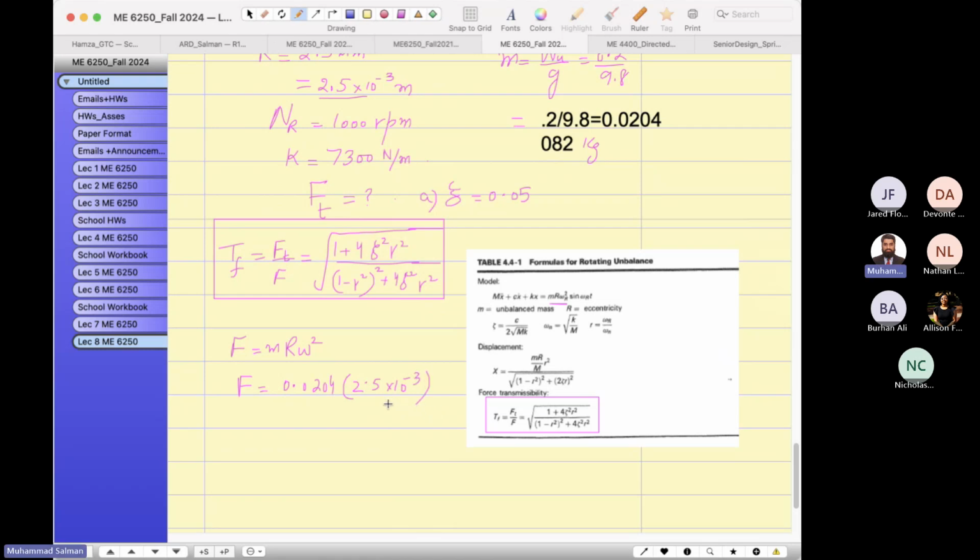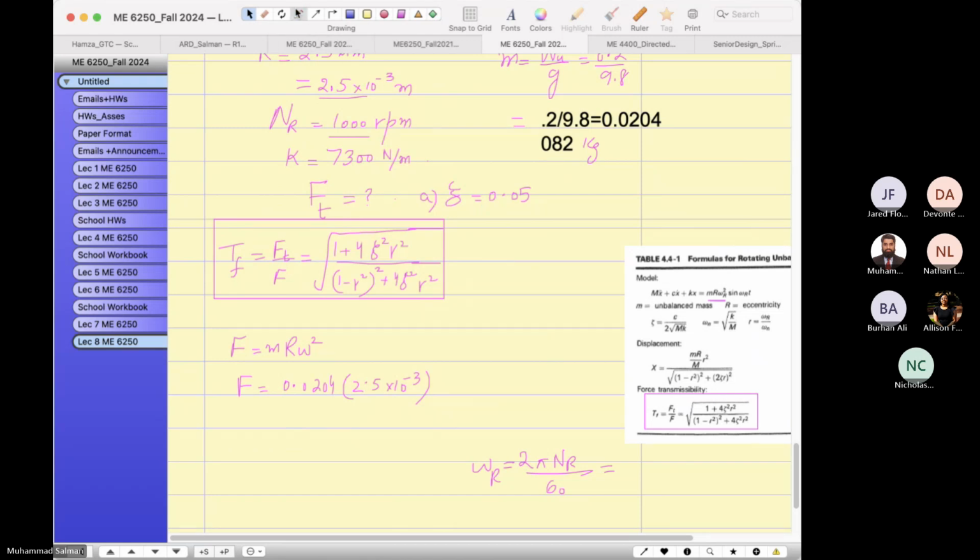and omega R, let's find out omega R, and R is 1000. So I can write down here, this is my omega square.